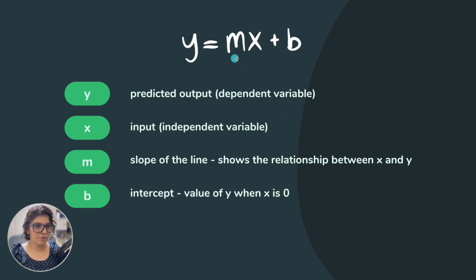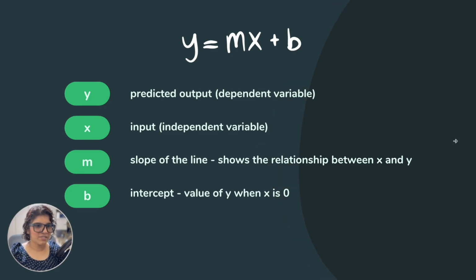M is the slope of the line, which tells us how much y changes for every unit increase in x. And B is the intercept, which is the value of y when x is 0. So our algorithm's job is to find the best values for M and B that make the predictions as close as possible to our actual data.